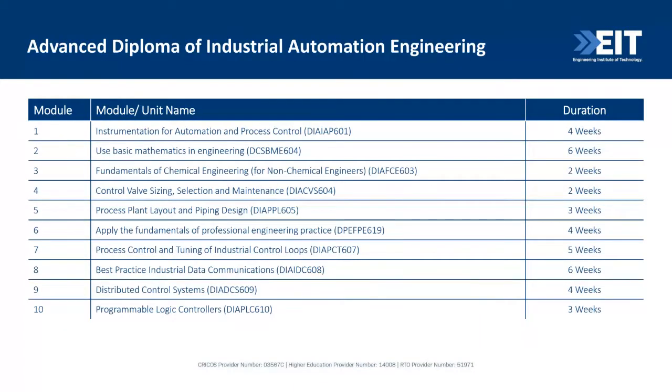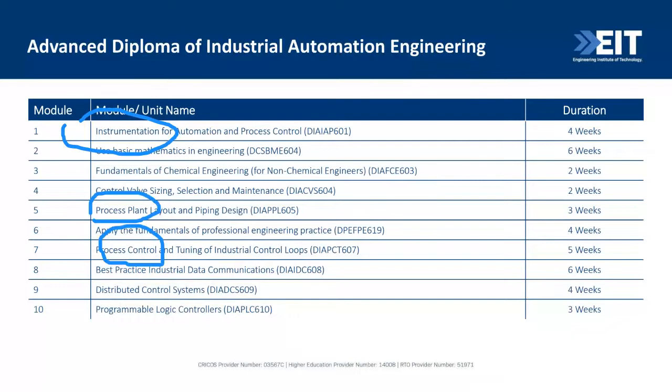But just given the short time, I'll give you some idea about the type of units we have. We have units on instrumentation. We have topics on process engineering, like controlling an industrial process with some use cases. We have communication related topics like TCP/IP, Modbus, industrial Ethernet.